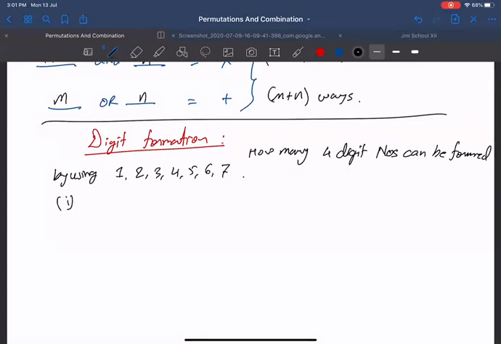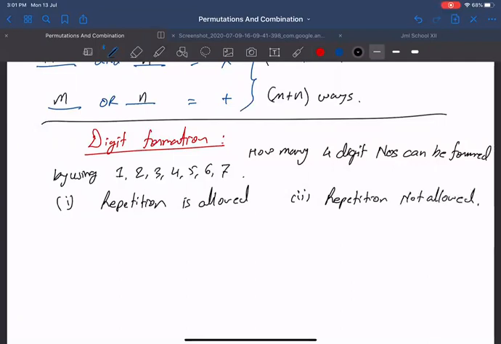So let us see the first type called repetition is allowed, and second type, repetition is not allowed. Okay, now please understand, let us go back to basic.